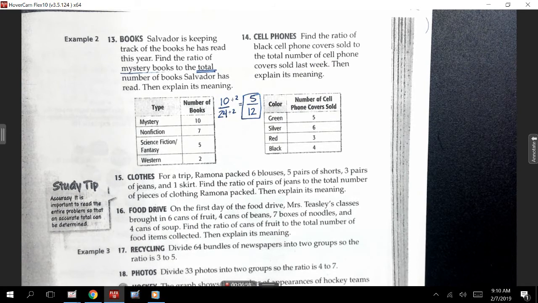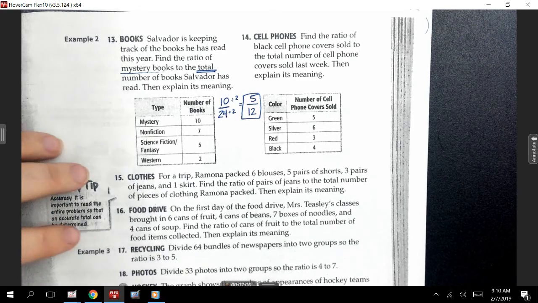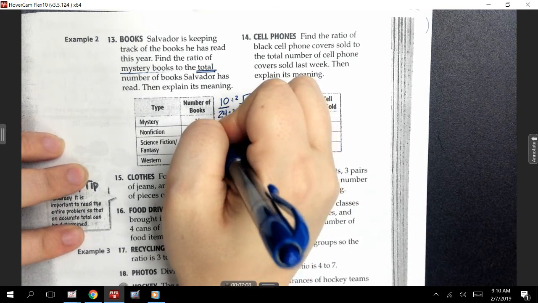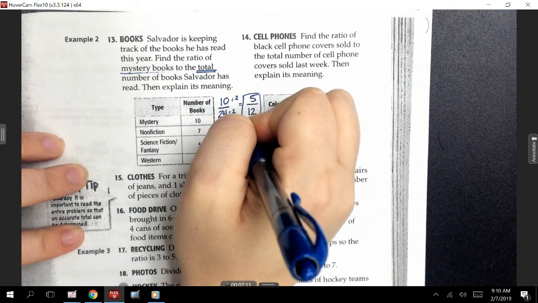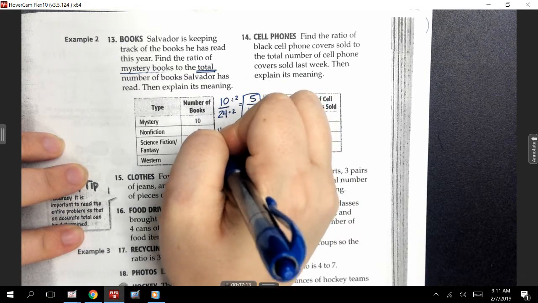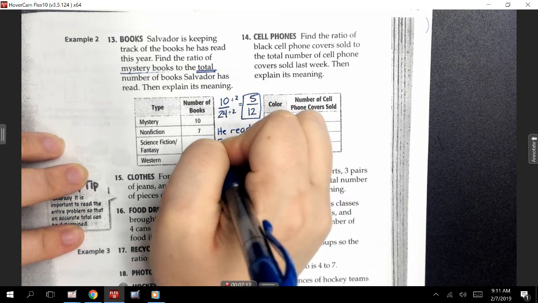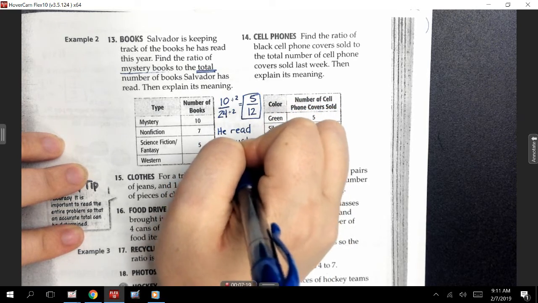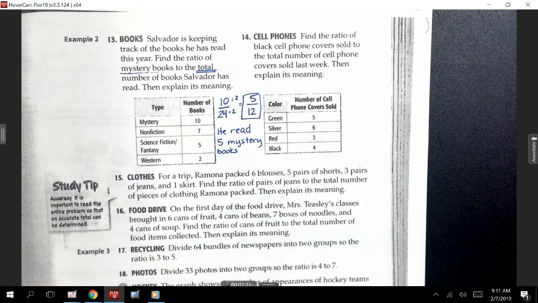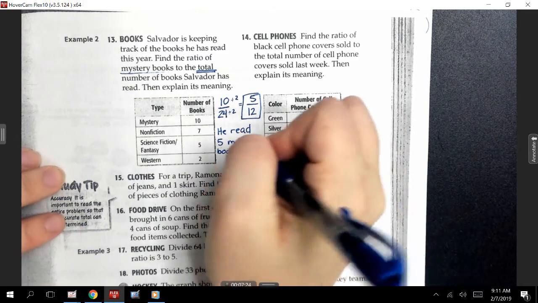Now the sentence. This is where it looks different. All right, remember we're going to have the top number. What is the top number talking about, Abby? The mystery book. So I'm going to say he read, because that's what he's doing with them. He read 5 mystery books. Or a more generic thing would be there are 5 mystery books. Out of.